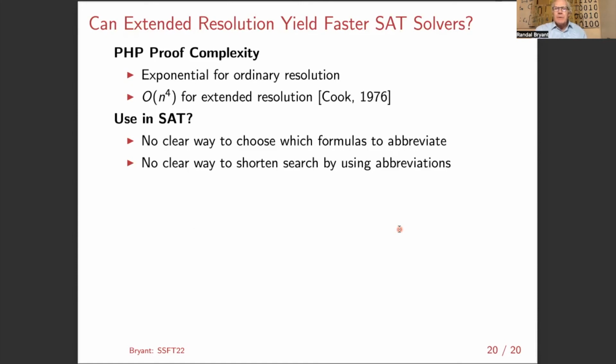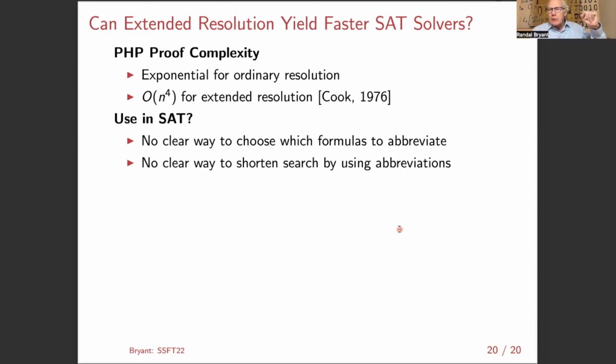So for example, Cook, the same Cook who's the origin of the P versus NP problem, the NP-completeness theorem, showed way back when that he could generate an extended resolution proof that the pigeonhole problem is unsatisfiable with a quartic number of clauses.